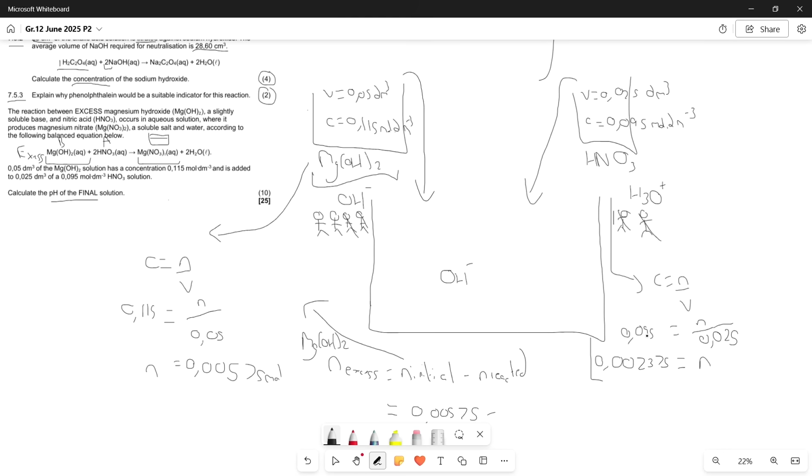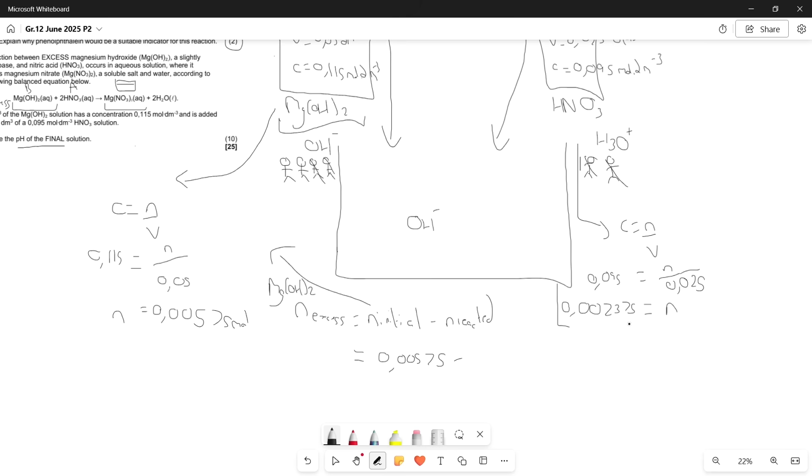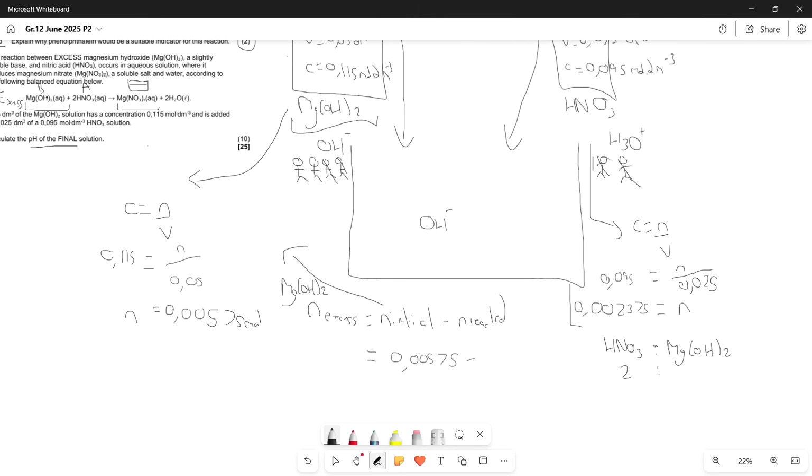our HNO3. We have the amount of HNO3 in terms of moles, but we just have to do the molar ratio from our HNO3 to our MgOH2, which is 2:1. HNO3 had a 2 in our initial equation, and MgOH2 had a 1. So that is their molar ratio, so we can get the amount of moles of the MgOH2 that did react.